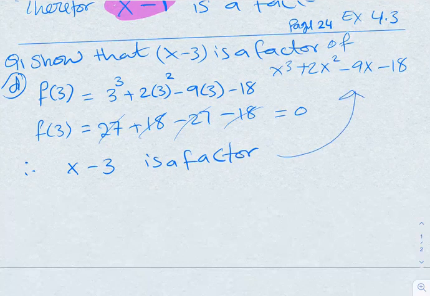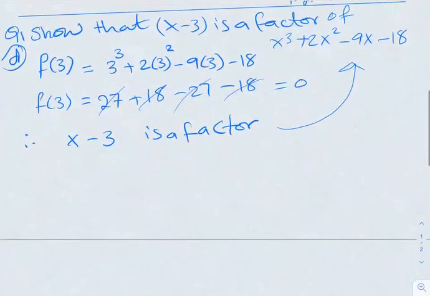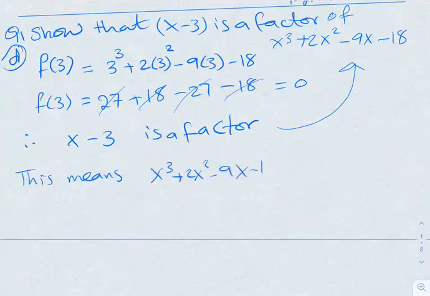So when we say a factor, that means if I divide x cubed plus 2x squared minus 9x minus 18 by x minus 3, there will be no remainder.